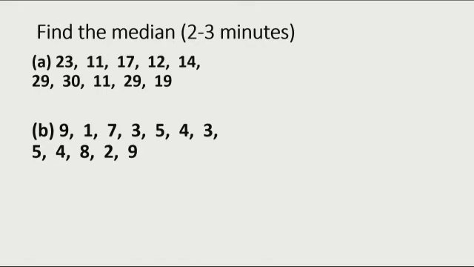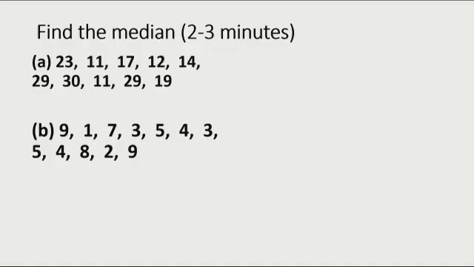It's very important you show the working, because even at the national exam, a question involving median carries 2 marks. 1 mark is given for the working. If you've got the correct answer, you get both marks. But if you've made a mistake, and you've shown the ordering and your ordering is correct, you get a mark.